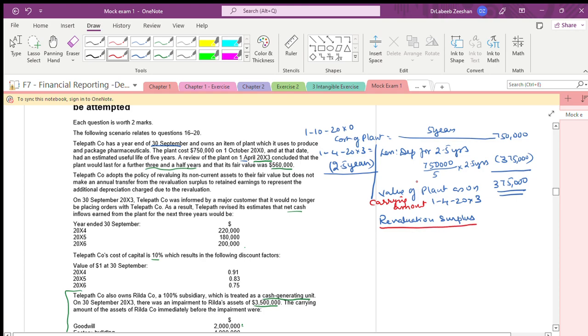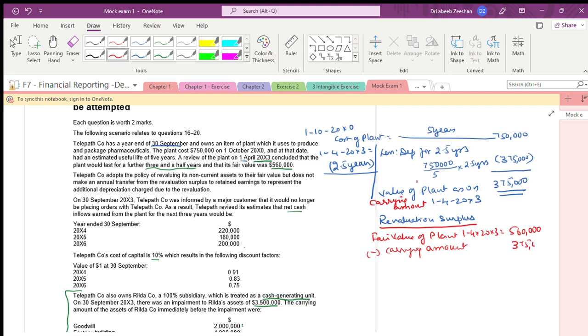Revaluation surplus is nothing but fair value of plant minus carrying amount. How much is the fair value on 1/4/2003? 560 minus carrying amount. How much is the carrying amount? 375.